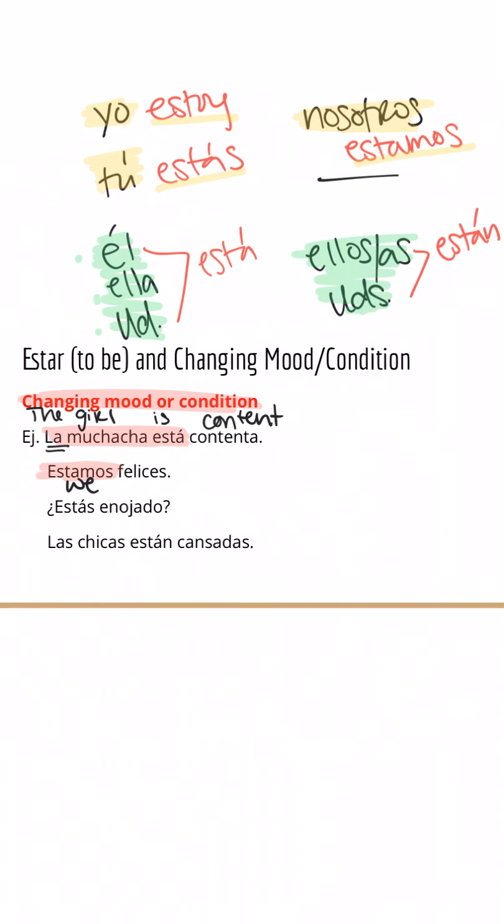So something that's really important to remember is that yo, tú, and nosotros, these three are unique, right? They don't share it with anybody else, and that means you can use those verbs without those subject pronouns if you want. So be prepared to see that.